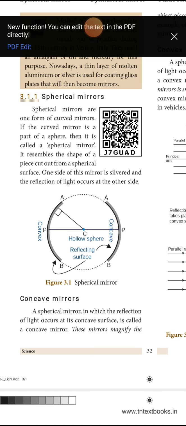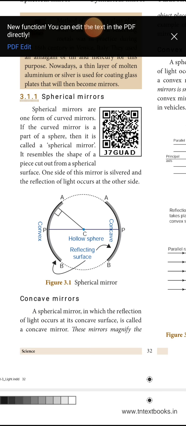Either it may be concave or convex. The curved part is called concave and the bulged surface is called convex. One side of this mirror is silvered and the reflection of light occurs at the other side.